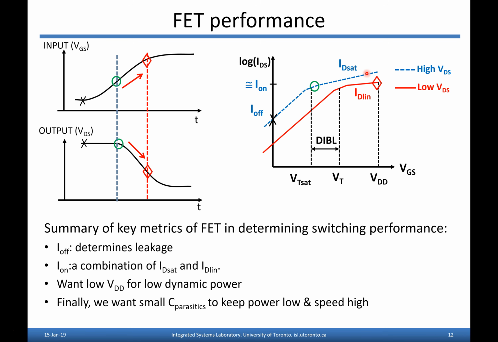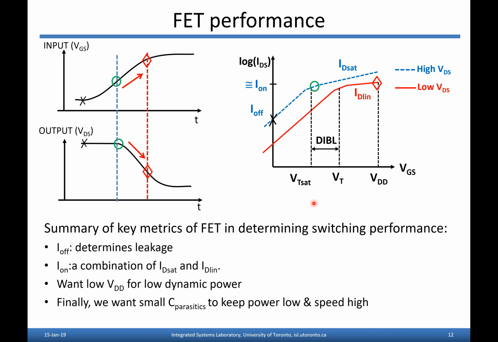And so the slope is not as steep on the semi-log plot when we're in square law compared to when we're in subthreshold, where it becomes much steeper. The break point here should be the threshold voltage. But because we've got a DIBL effect in planar devices, the threshold voltage that we see when the transistor first turns on is actually a much lower threshold voltage. It's reduced by the DIBL effect.